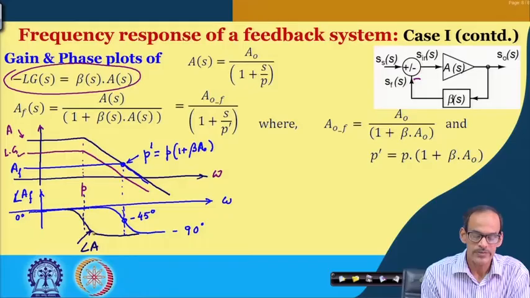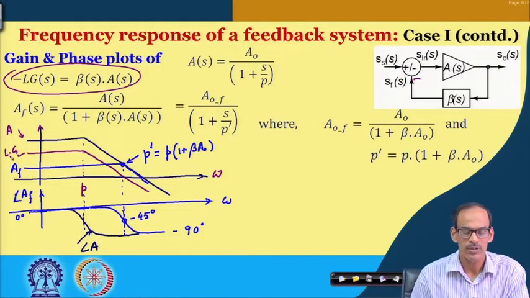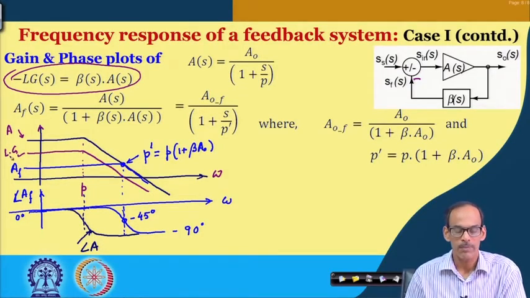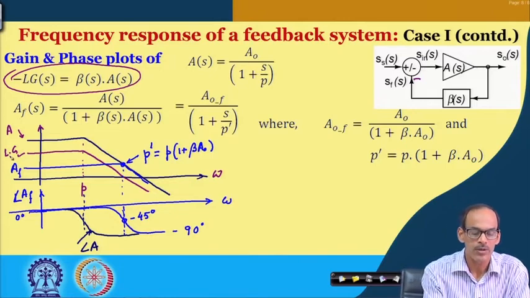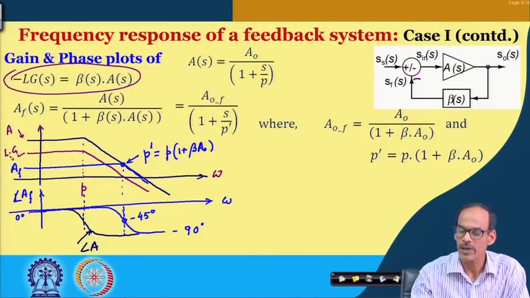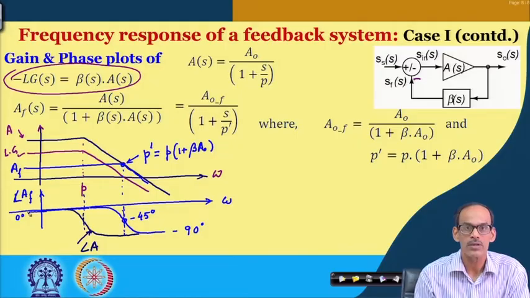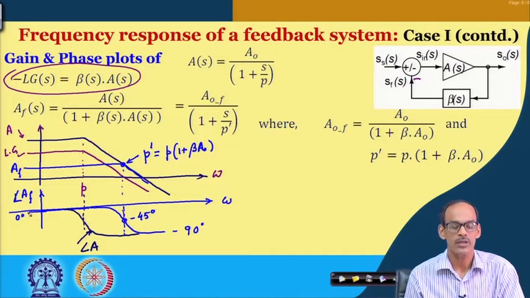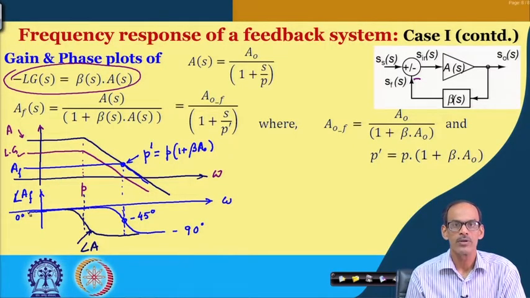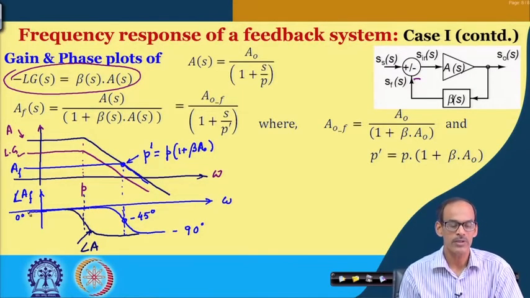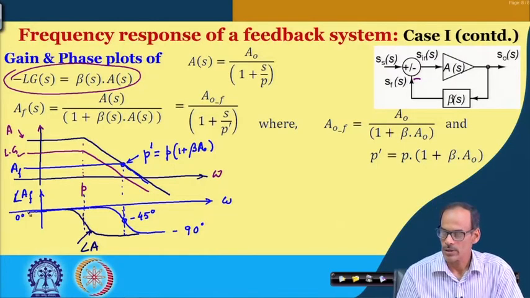In fact, this phase is the same for the loop gain also. However, if you put the loop gain with this minus sign, instead of starting from 0 degree, it is supposed to start from minus 180 degree or 180 degree. So, that is the change of the phase and gain plot.